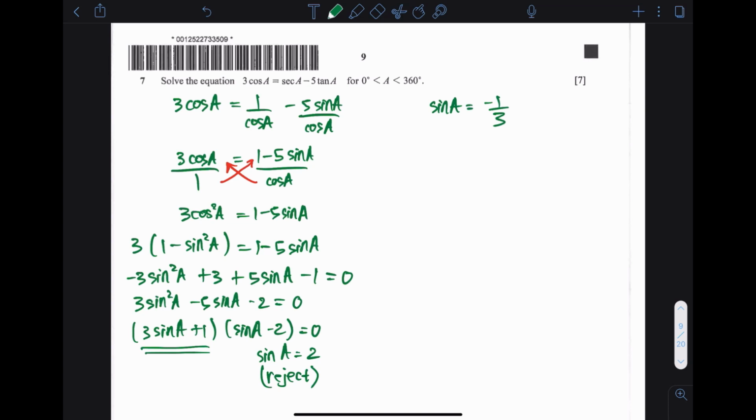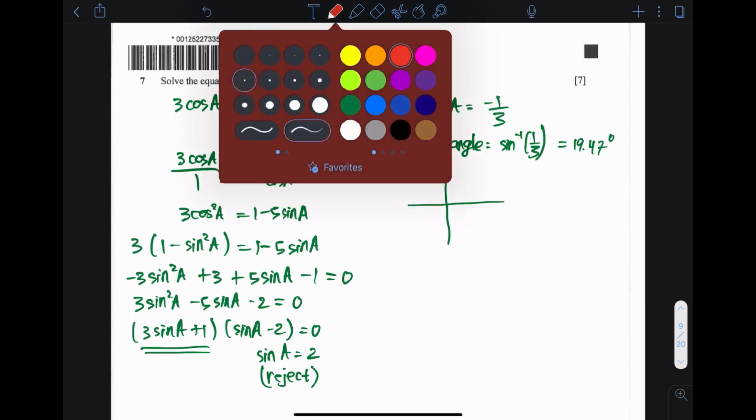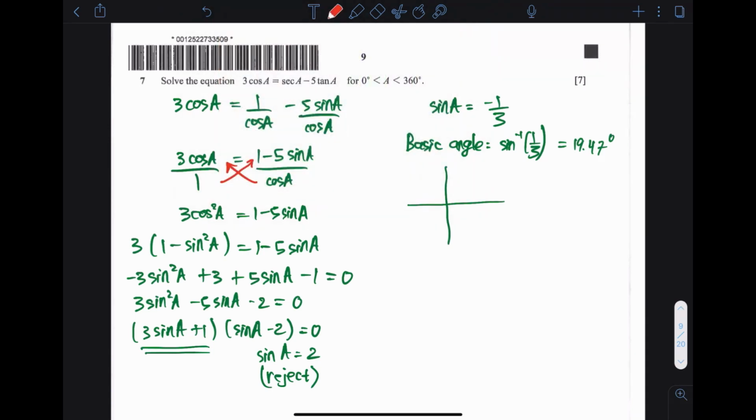To find the angle A, I need to find the basic angle, which is sine inverse of 1 over 3. That will be 19.47 degrees. The use of the basic angle is to find out where the location of the angle is supposed to be.